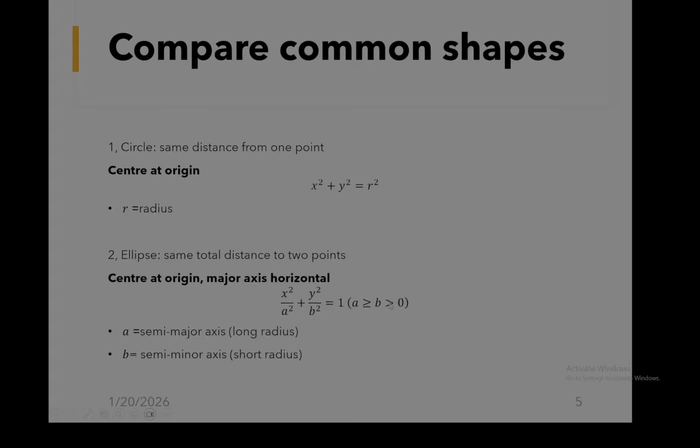They must all be positive, because we want a greater than b. So a is the semi-major axis, the long radius. b is the semi-minor axis, the short radius. One is short and one is long. Depending on whether it's horizontal or vertical, you can have a and b with different values.